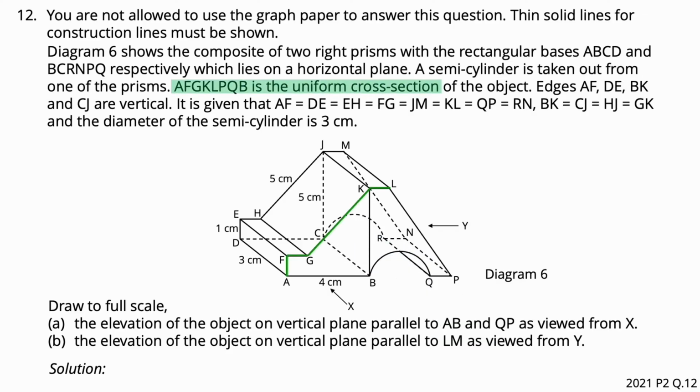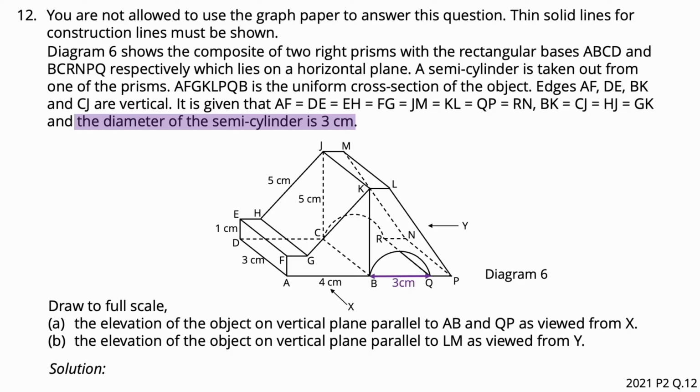AFGKLPQB is the uniform cross-section of the object. Edges AF, DE, EH, FG, JM, KL, QP, and RN are equal to 1 cm. Edges BK, CJ, HJ, and GK are equal to 5 cm. The diameter of the semi-cylinder is 3 cm.